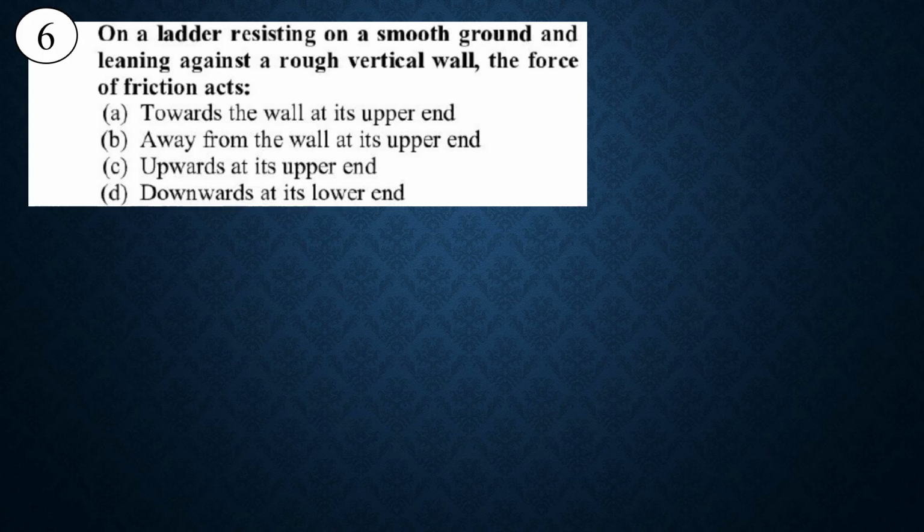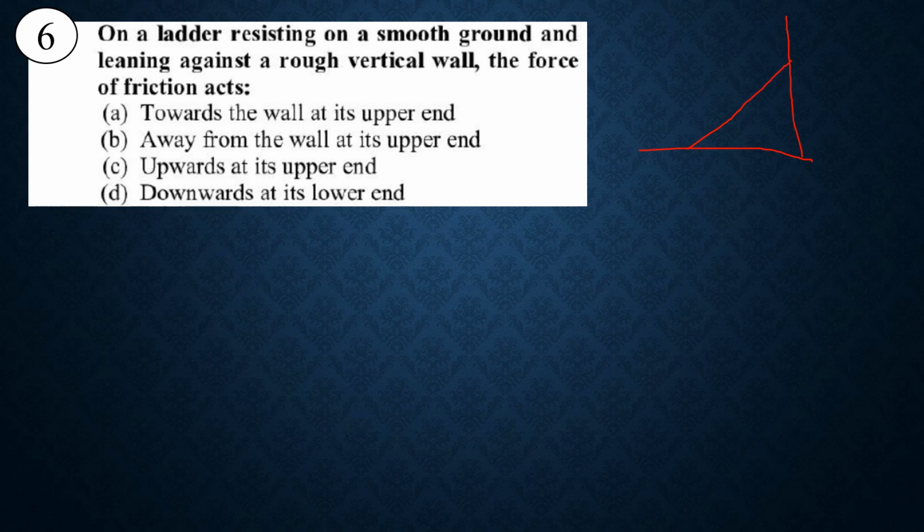Then sixth question, on a ladder resting on a smooth ground and leaning against a rough vertical wall, the force of friction acts. Okay, so in this question, the ladder is resting on smooth ground and leaning against a rough wall. This is the rough wall and this is the ladder.